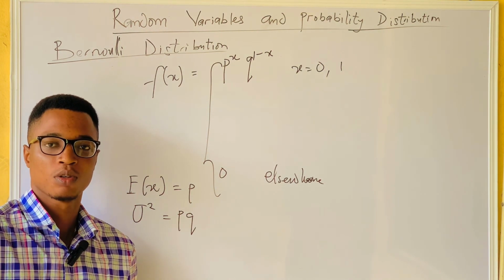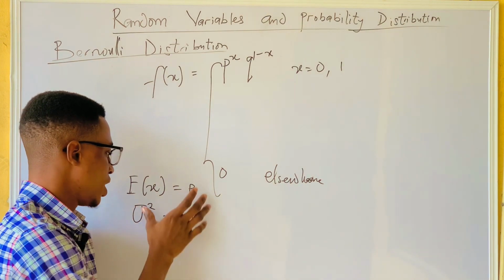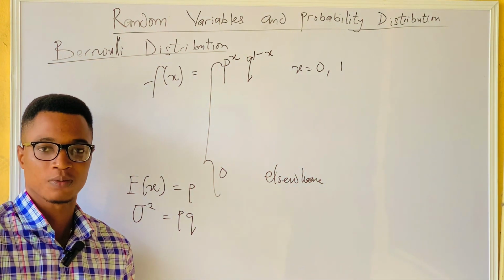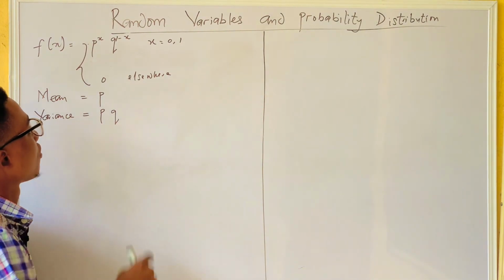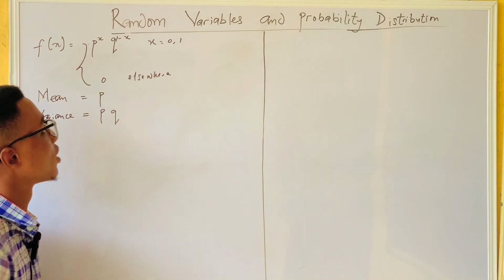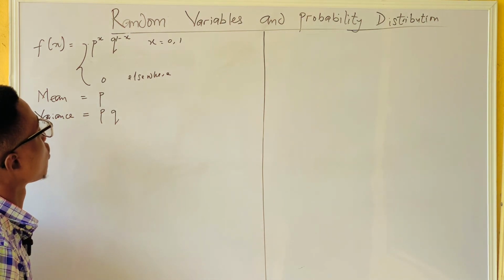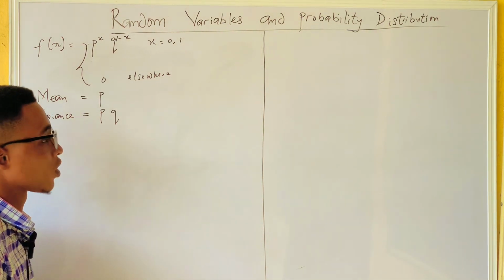In this video, we will be proving the mean and variance of a Bernoulli distribution. Up here we have the Bernoulli distribution, p raised to power x, q raised to power 1 minus x.